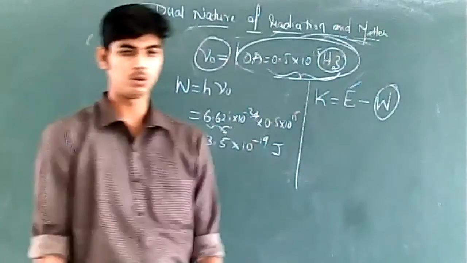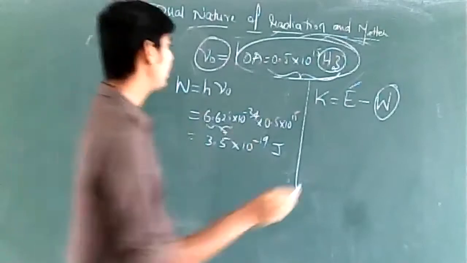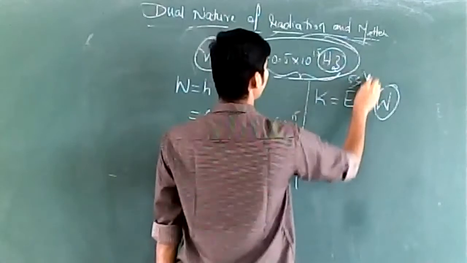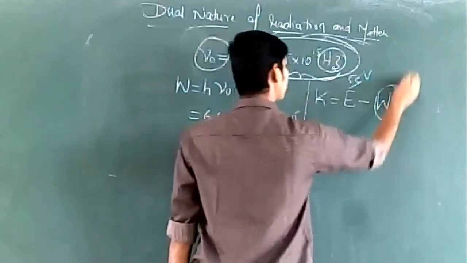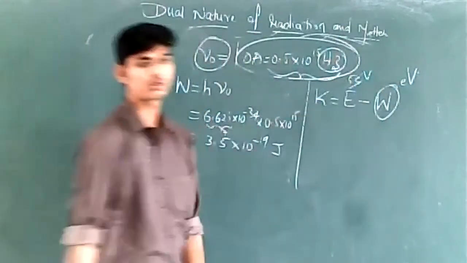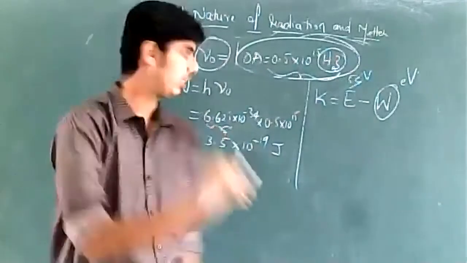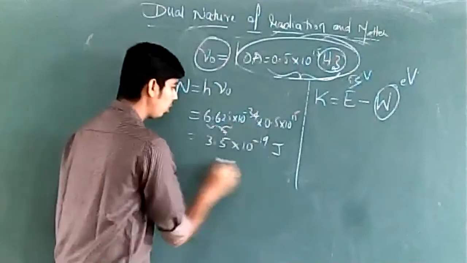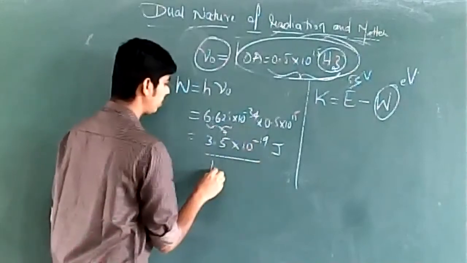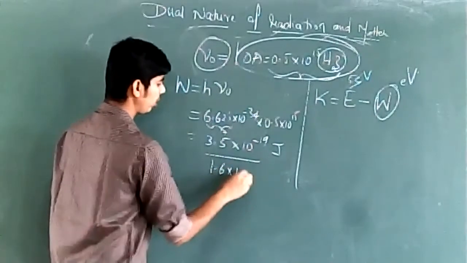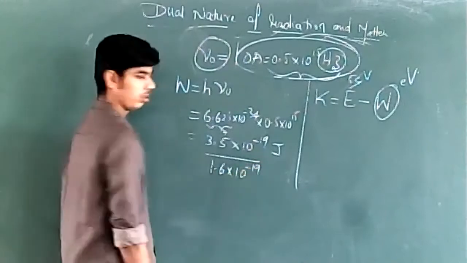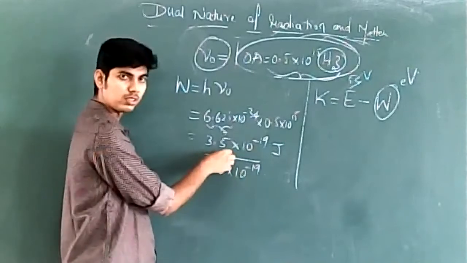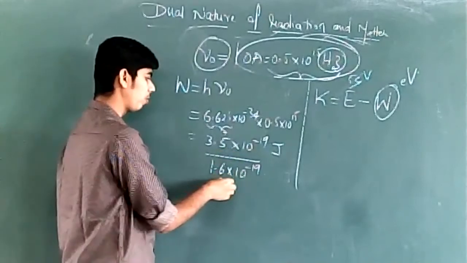But we need kinetic energy in electron volt. The energy is given as 5 electron volt, so the work function should also be expressed in electron volts. To convert from joule to electron volt, just divide the answer in joule by 1.6 into 10 to the power of minus 19.